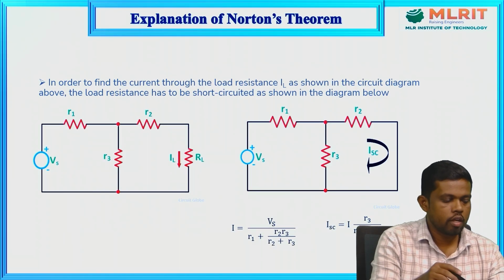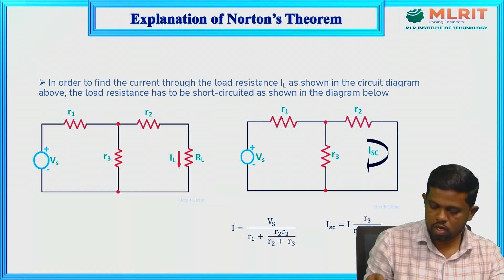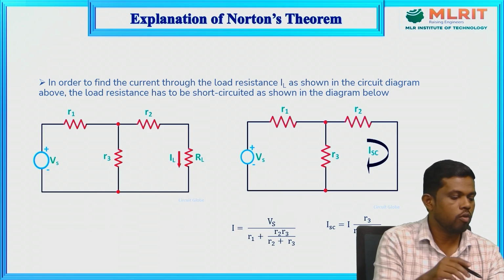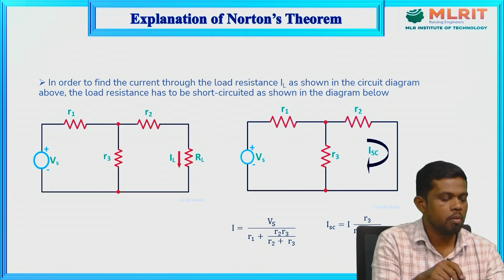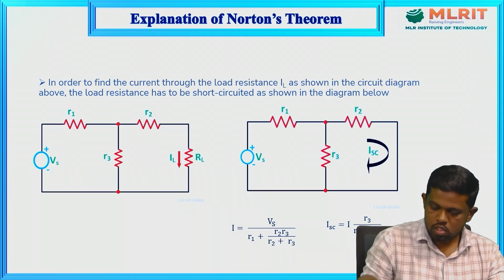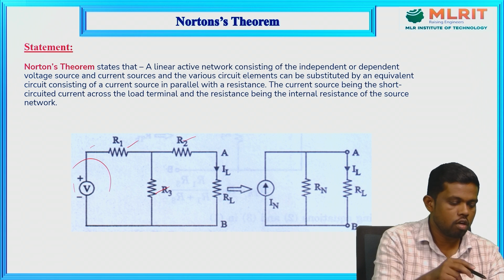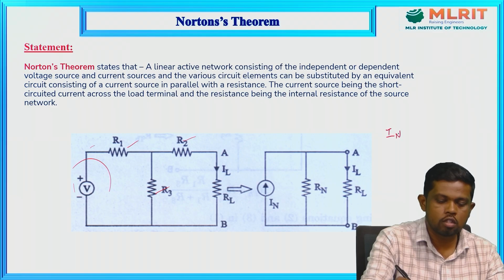Let us take a simple network to discuss Norton's theorem, and see how we can get the Norton's equivalent of a simple network. This network has many elements, both active and passive. If we are able to reduce the network from this state to this state, we simply go through the calculation of Norton's current and Norton's resistance.